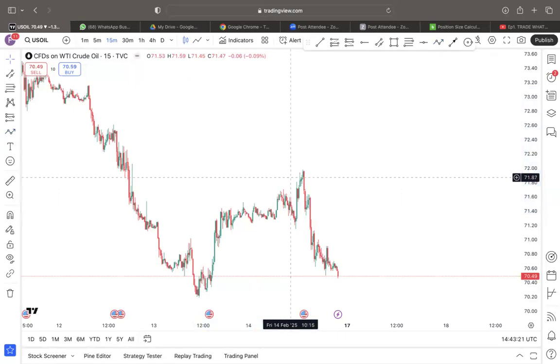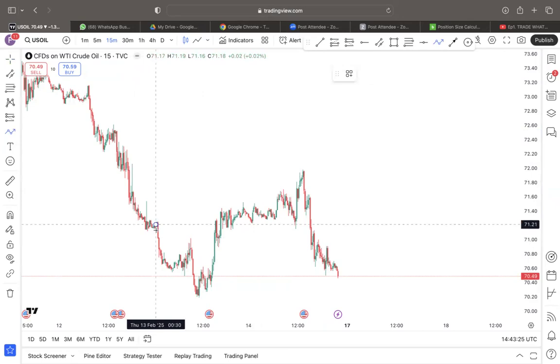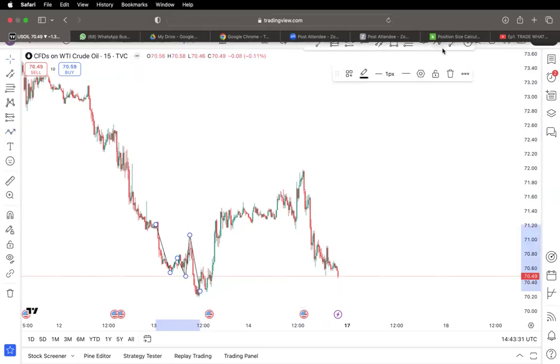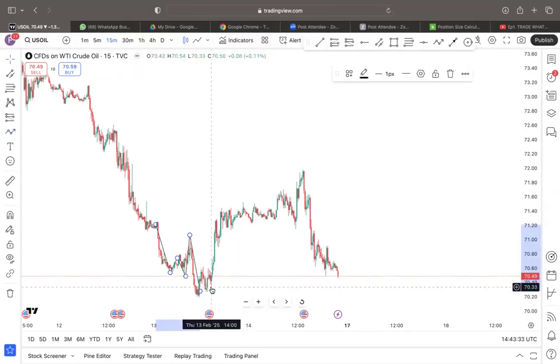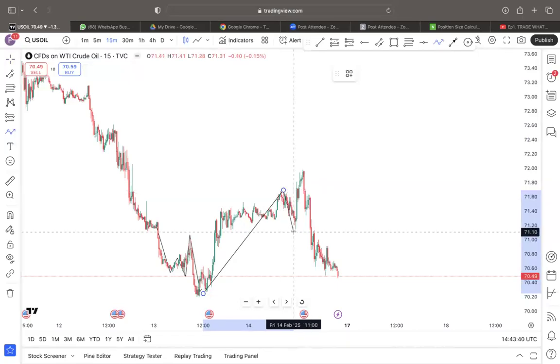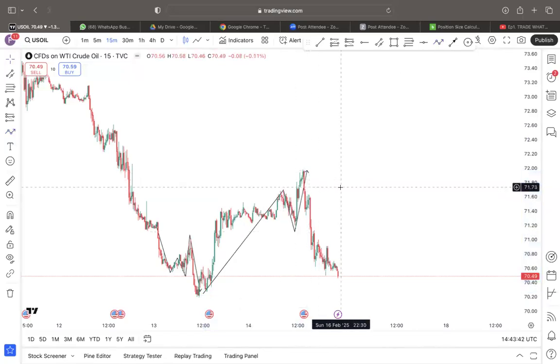Let me show you its example. It happened here. This impulsive move, structure, clear it out, then sell. It happened here. This seems to be our impulsive move, and all the structure here, price comes, clears it out, then sell, then buy.